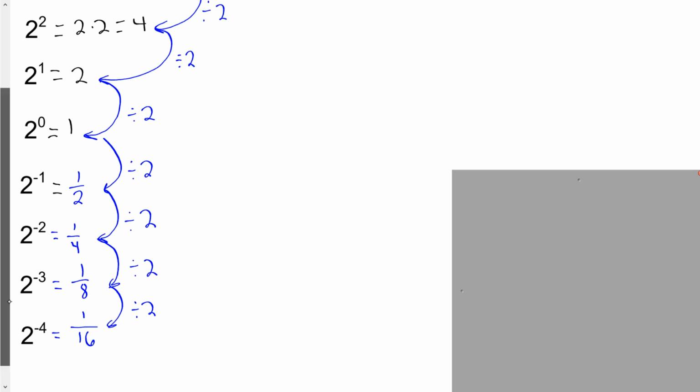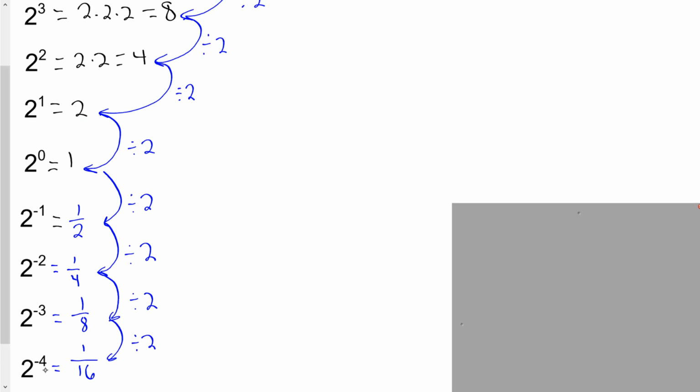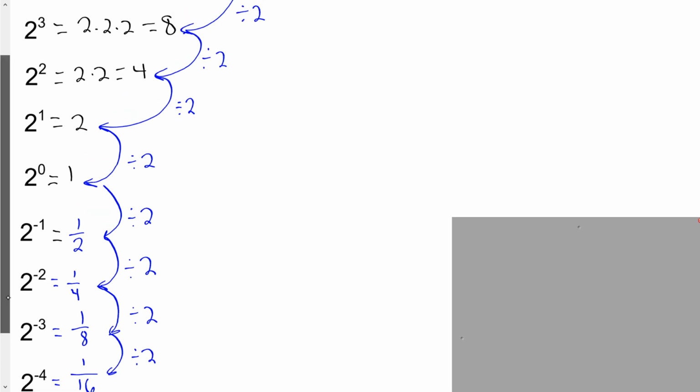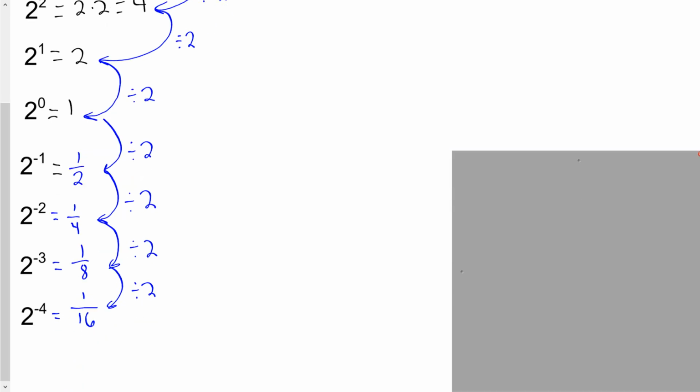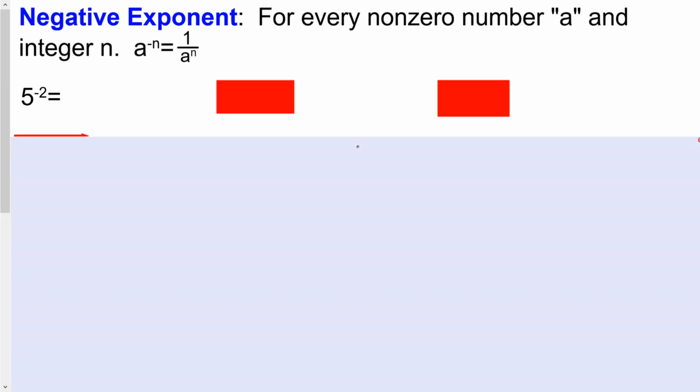You guys might notice here, 2 to the negative 4th just so happens to be 1 over 2 to the 4th. And we'll get to that in just a second. And that actually is my definition of what negative exponents are. Take a look at that. Let's write down this definition. It says negative exponent: for every non-zero number, a, and an integer, that is just some whole number or negative number, n, a to the negative n equals 1 over a to the n.